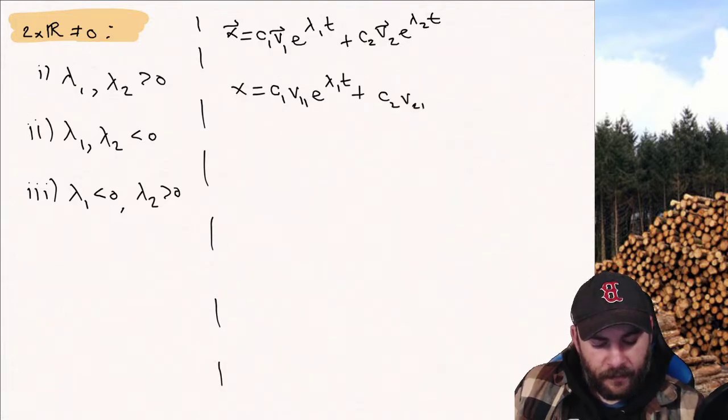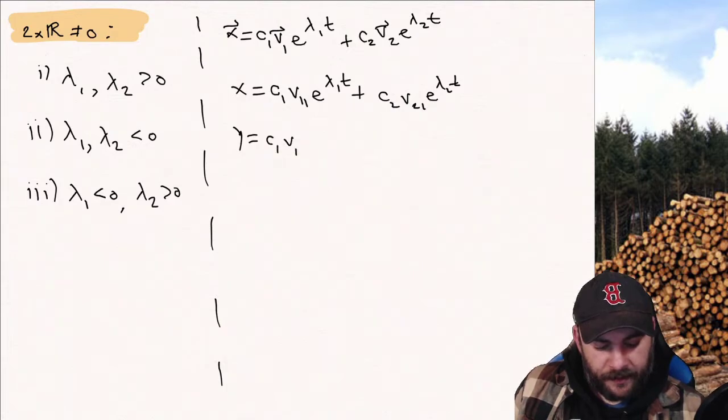V11 is the first or top element of V1, and V21 is the first or top element of V2. Good Lord, that is a lot of writing. When we write these down, there's an important thing to notice.